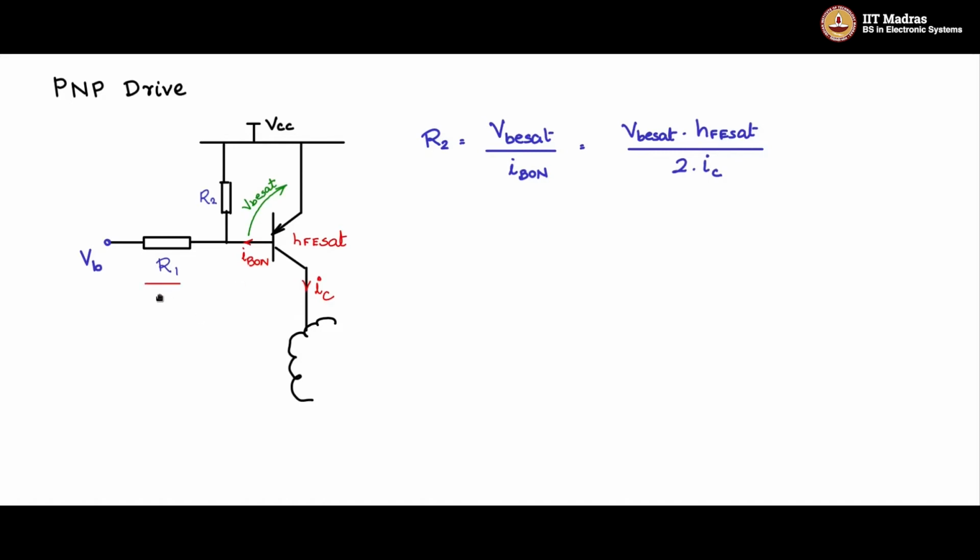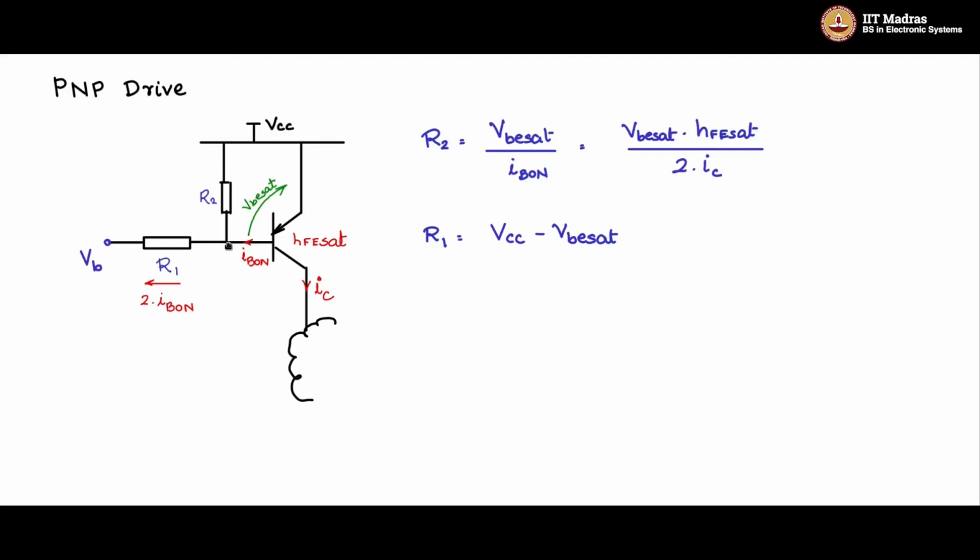Okay, so let us say you have an IB on coming from here and IB on coming from here that will flow through R1, and that current will be 2 times IB on. Now, what is the value of R1? R1 is this potential minus this potential. And what is this potential? This potential is VCC minus VB SAT. Let me write that down.